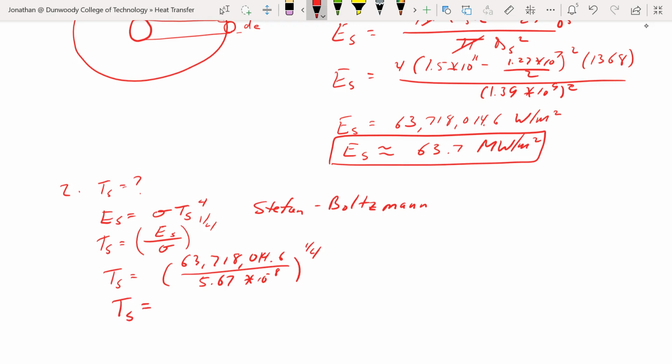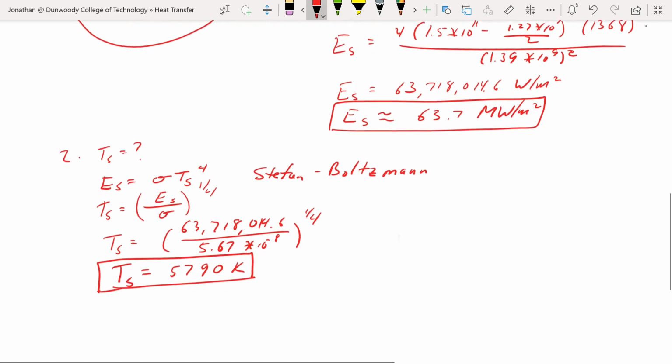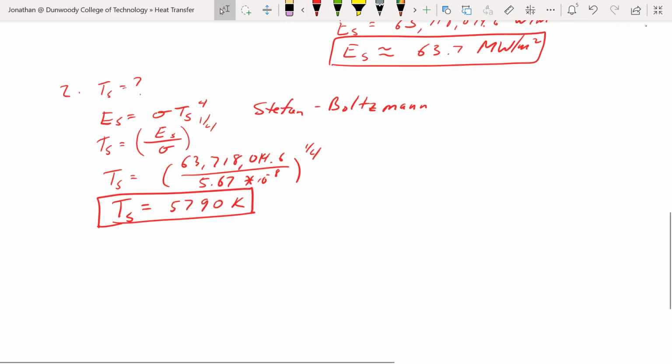Plug that in a calculator, and we find that our temperature is about 5,790 Kelvin. That's pretty good. Matches up with other measurements that are a little more accurate than our rough model here.